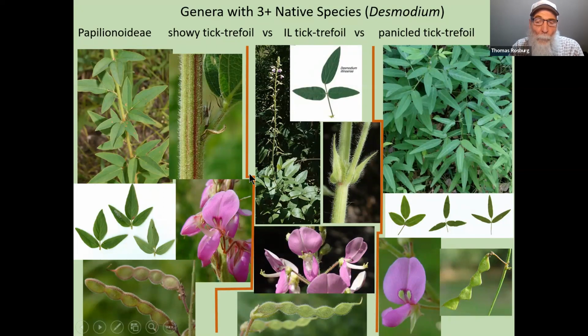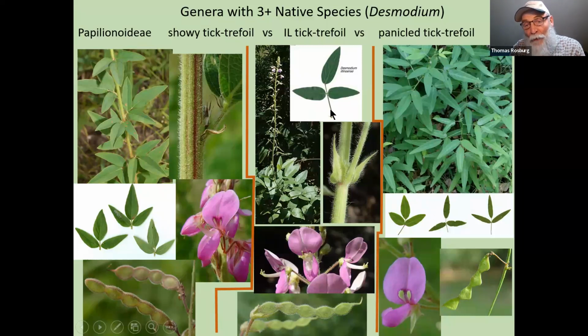So one way to separate Desmodium canadense from these other 2 right away is to look at the trifoliate leaves. These are pinnately trifoliate, because the terminal leaflet has a little bit longer leaflet stem than the side ones. But what you see here is that these 2 over here have a petiole that's pretty long.